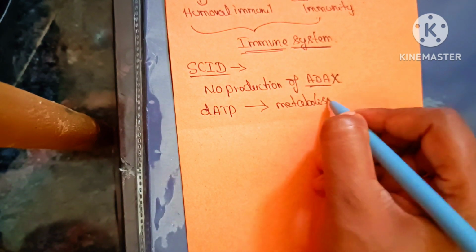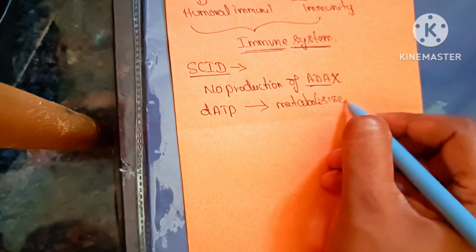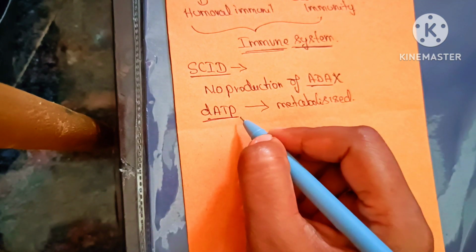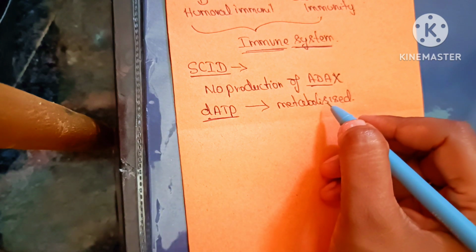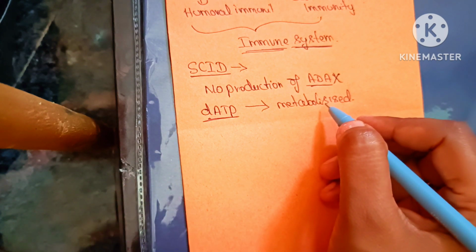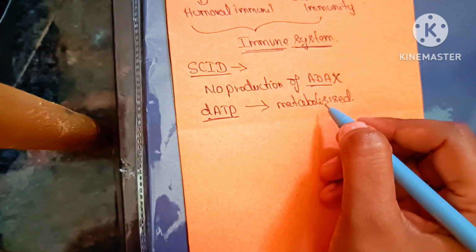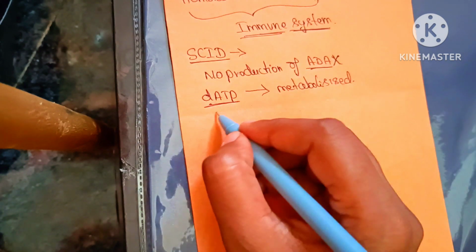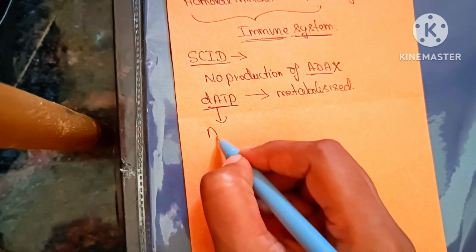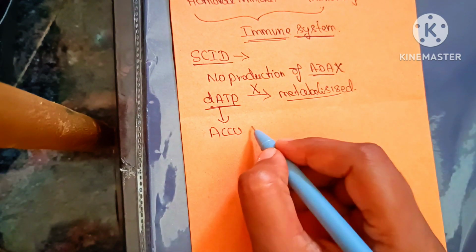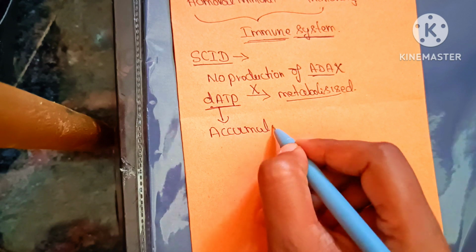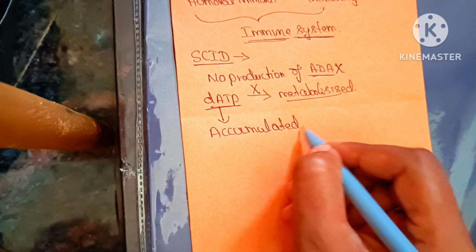If there is excess dATP present, it is not metabolized. That is, it is not converted into uric acid and excreted in the form of urine through the kidney. As a result, dATP gets accumulated. It is not metabolized.